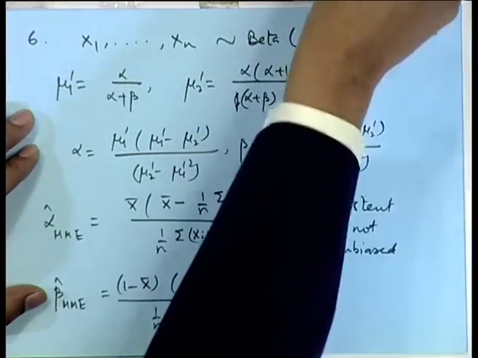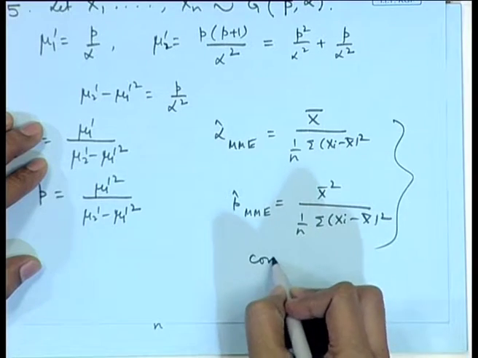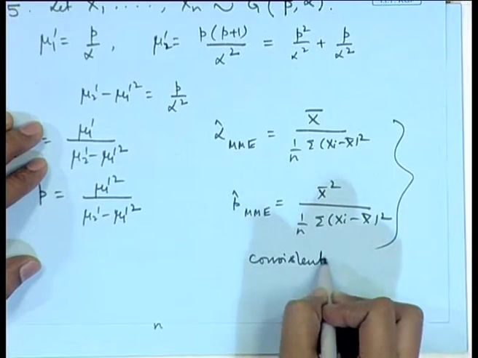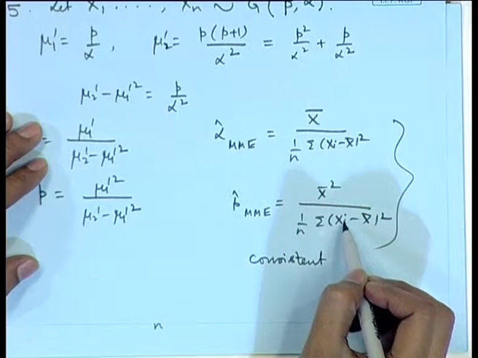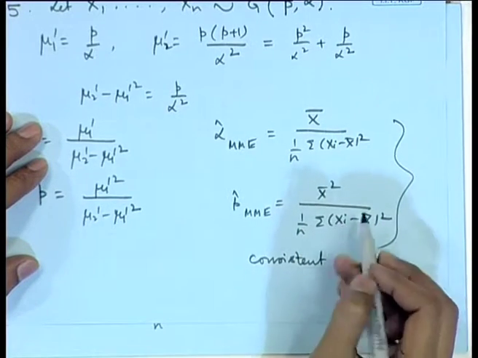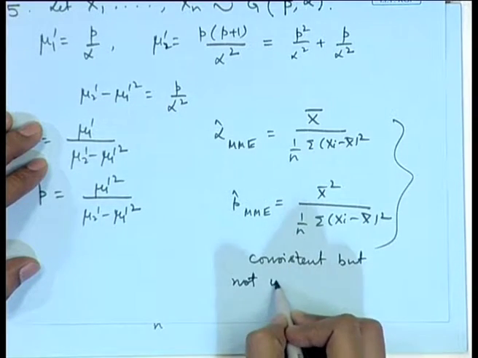Same thing is true in the gamma case also, that these two will be consistent, as x bar will be consistent for mu 1 prime and sigma xi square by n will be consistent for mu 2 prime, but again they will not be unbiased.